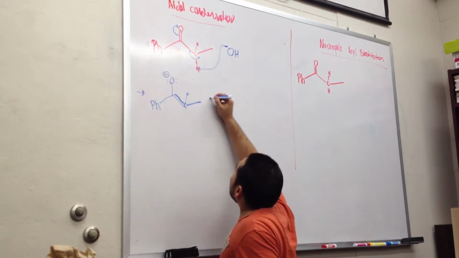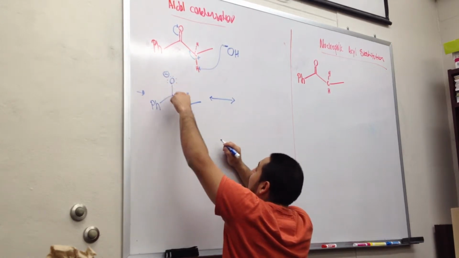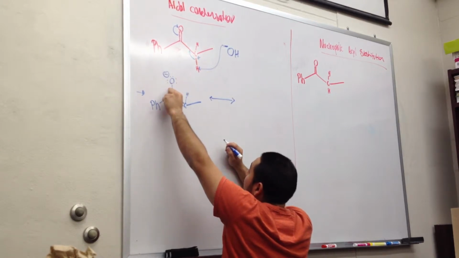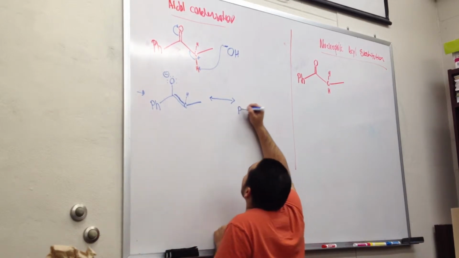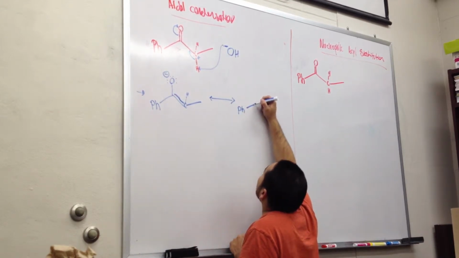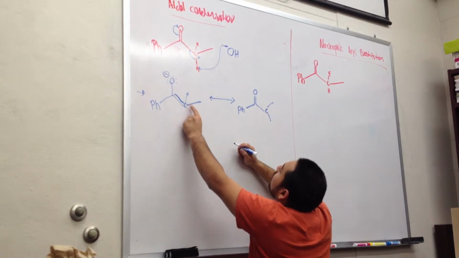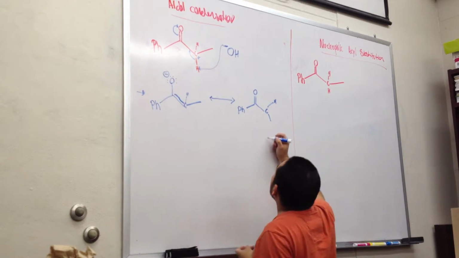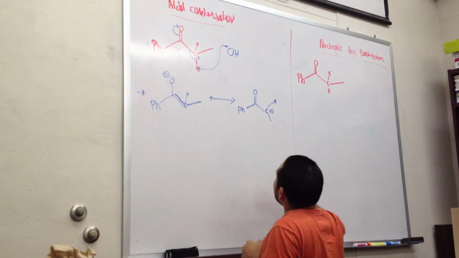This will be in resonance whenever these electrons come here and kick, reform my carbonyl and kick this double bond out of the way. Now again I have my carbonyl compound, but now this is just going to be my methyl, and this is going to be the bond to that hydrogen, and I will have an extra pair of electrons here giving me a negative charge there.